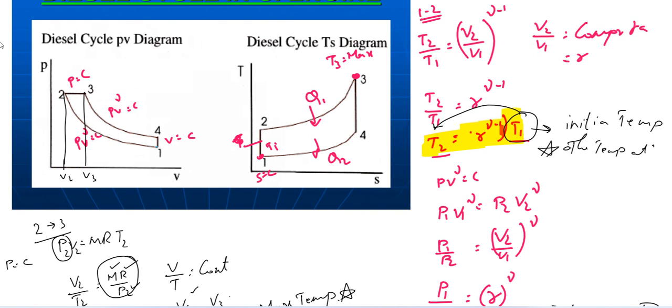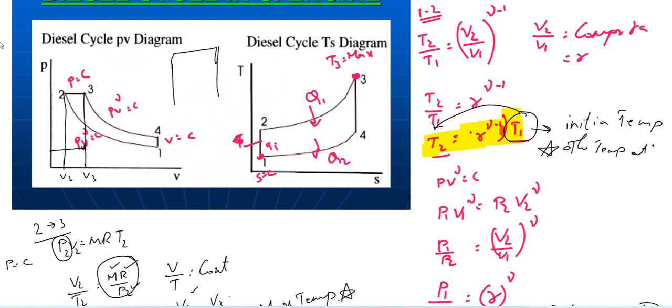Why do we call this the cutoff ratio? See, at constant pressure, from this distance to this distance in the piston, if you have remembered the thermodynamics, you may remember this part.